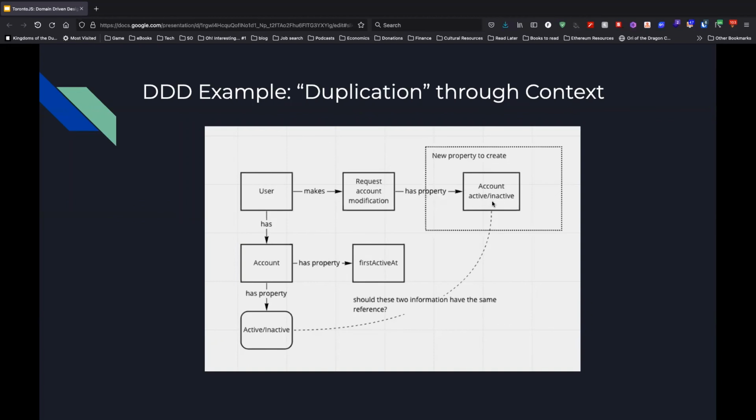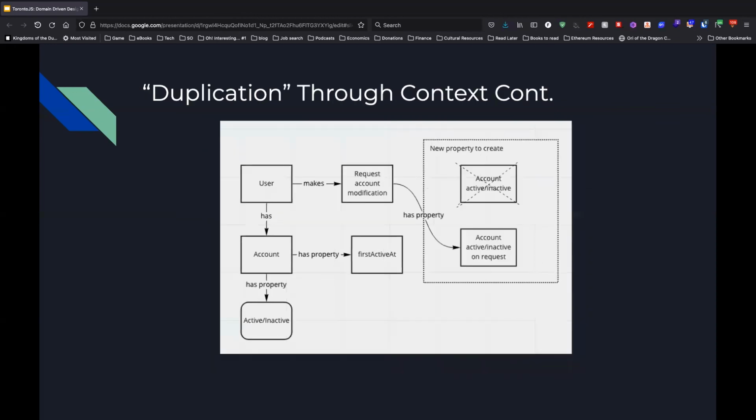Now, here's the question that I asked the domain experts. Well, are these actually the same thing? And it turns out that it is not really the same thing. What it actually is, is that the account active or inactive property is more about the activeness of the account at the time of request.